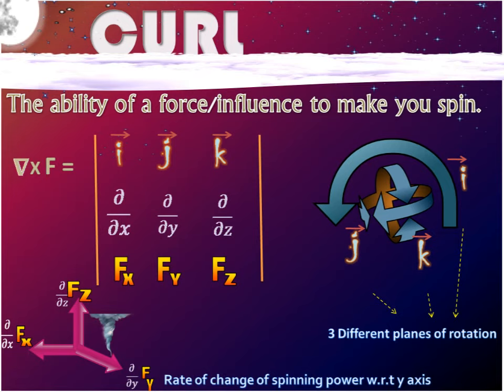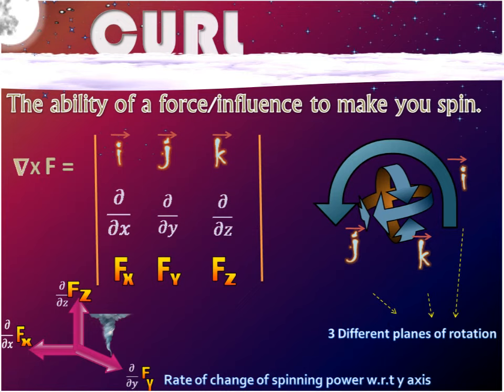Now let's look at del upon del x. This is the rate of change along the x-axis, the rate at which you are rotating along the x-axis. So it's called del. Del upon del y is the rate of change of rotation with respect to the y-axis, and del upon del z is the rotation taking place along the z-axis.